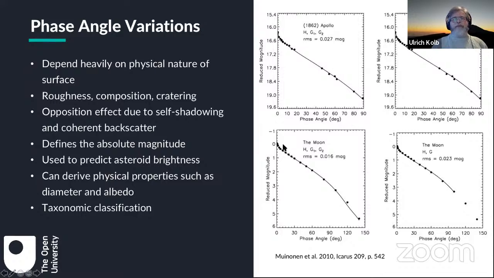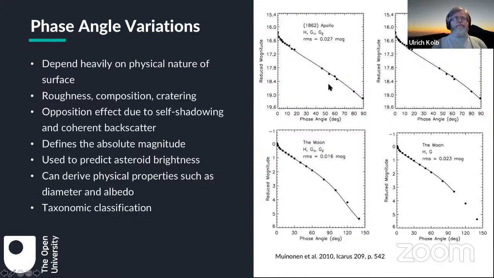And the typical shape of the phase curve is as indicated, so it's roughly linear, but has in many cases an interesting upturn near 0, the opposition effect, where the self-shadowing disappears and the backscatter might be particularly effective.